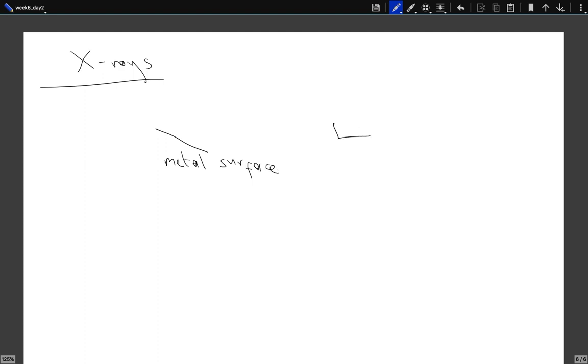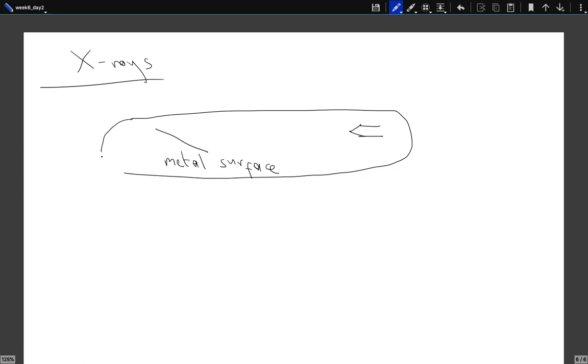Then here you have an electron gun. Again, they are usually in a cavity, in vacuum. You have an accelerating potential.